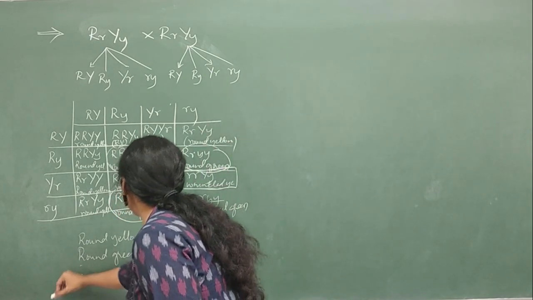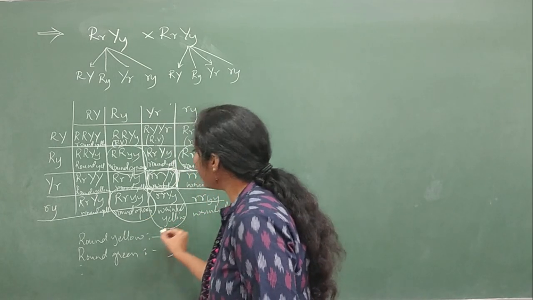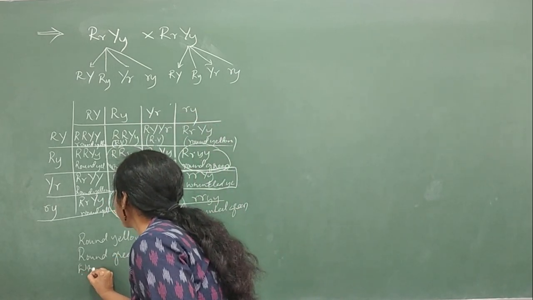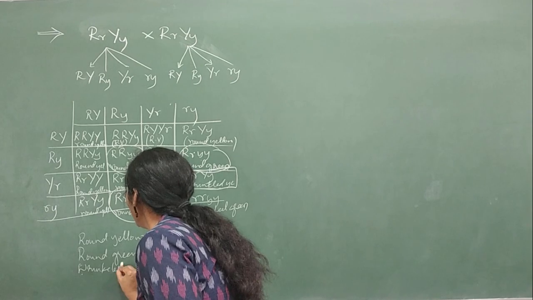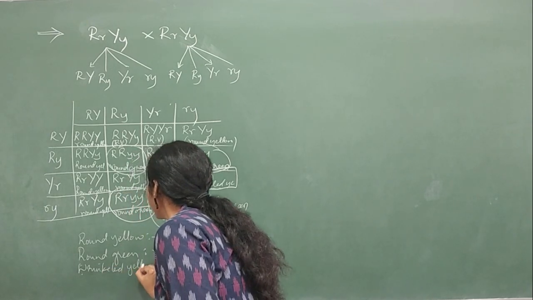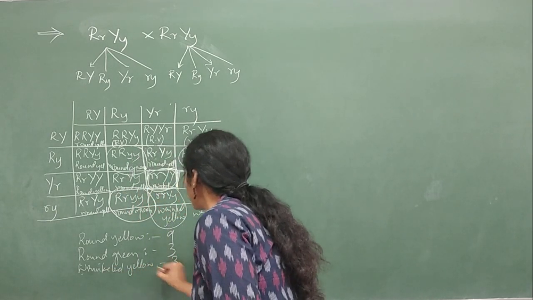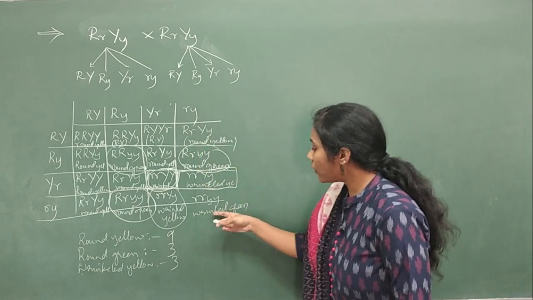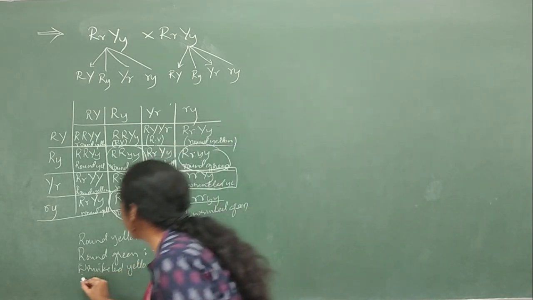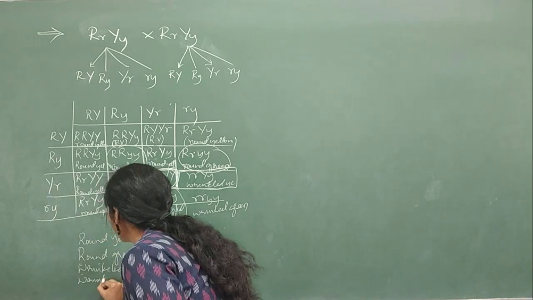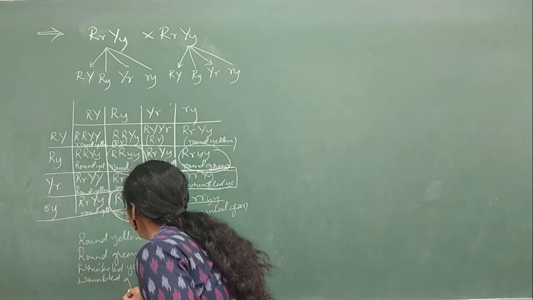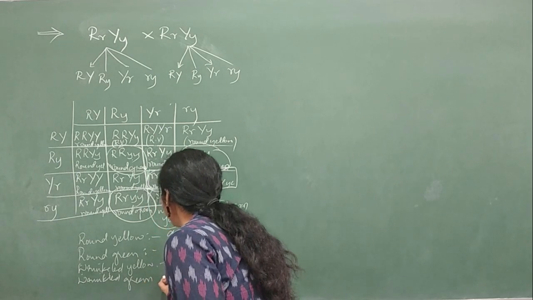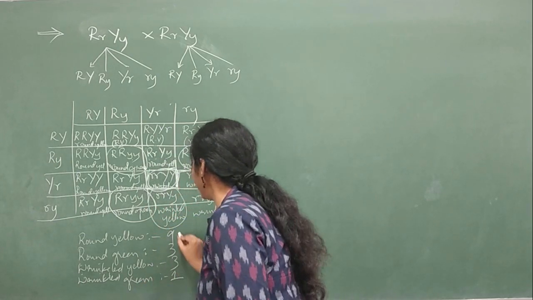And next variety is wrinkled yellow category. Wrinkled yellow seeds, isn't it? These are also 3 varieties. And the last variety, only one we had got, that is wrinkled green. So wrinkled green variety we had got only one, right?